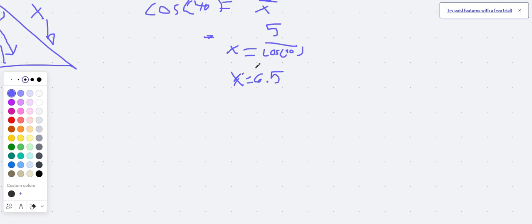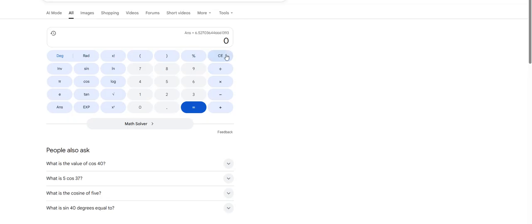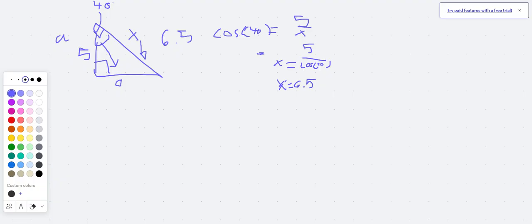And let's see if that's correct. We're trying to find out what cos 40 gives with 6.5. Okay, so this is correct. If this is 6.5, we can also check this is correct by finding the opposite.